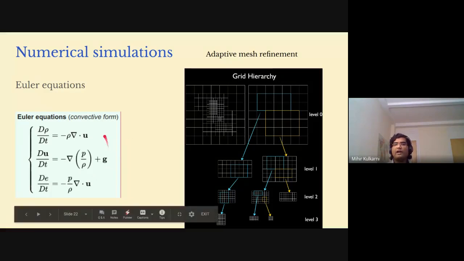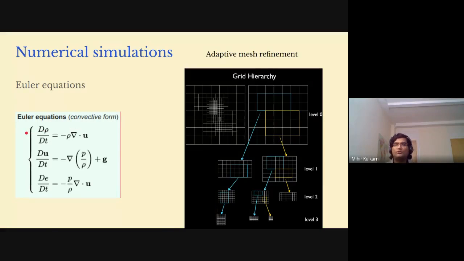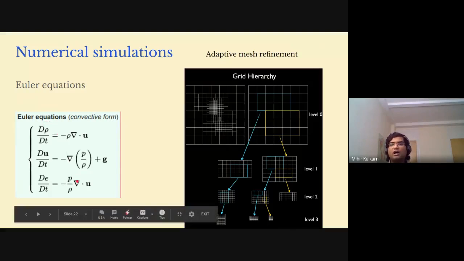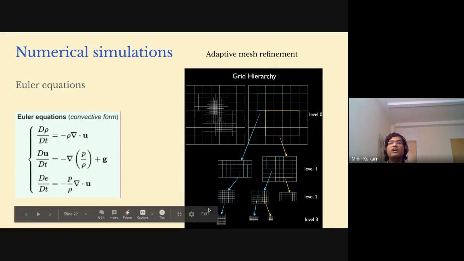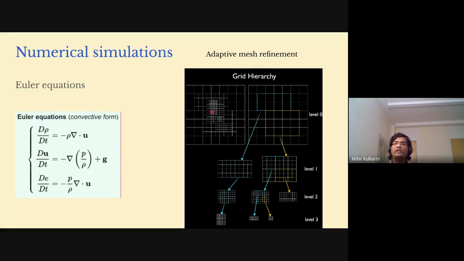We need to modify these equations slightly to account for the expanding universe that would also decrease the densities with time. And we use an adaptive mesh refinement simulation code called ENZO. Instead of using very high resolution everywhere in our simulation box, it refines our grid to very high resolution only in the regions where we need it.